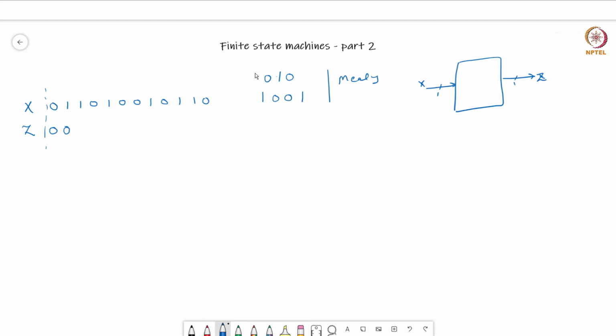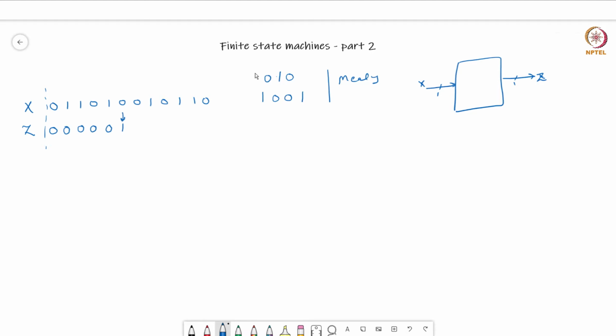This will also be 0; 0 0 1 1 does not match any of the sequence, so it will be 0. Now 1 0 is again not matching anything, so it would result in 0. 1 0 1 again it should result in 0, but when the sequence is 0 1 0, then here my output should be 1.